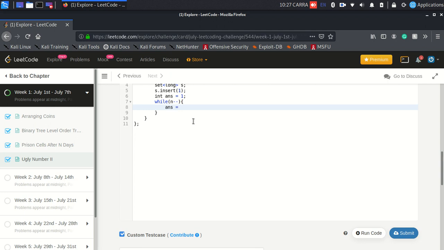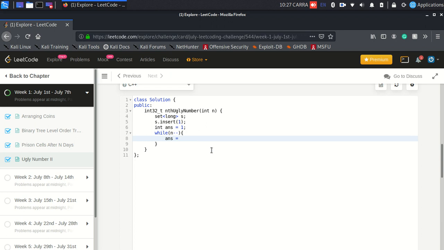So my answer would always be the first element of the set, which is s dot begin, a pointer, so I would dereference it. Then I would do s dot erase to pop the first element.